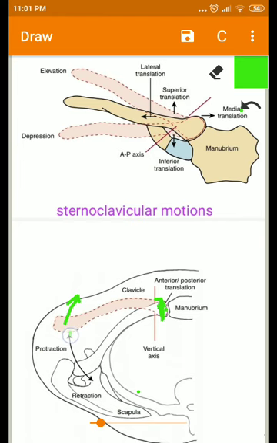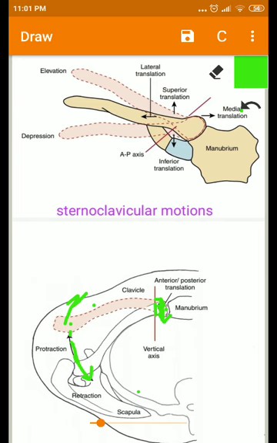Okay, and during retraction there is a posterior sliding of the medial clavicle on the manubrium, and also there is a posterior movement of the lateral clavicle. The range of motion averages about 15 degrees of protraction and 15 degrees of retraction.